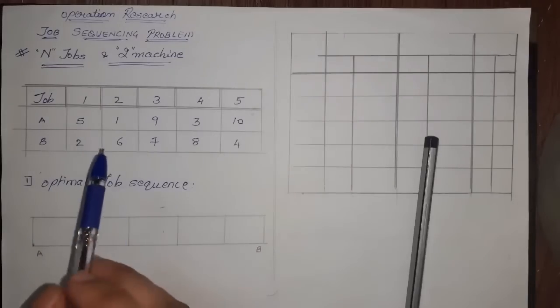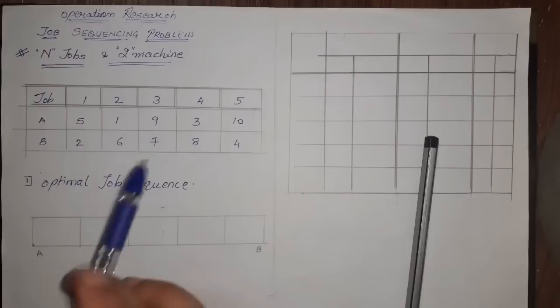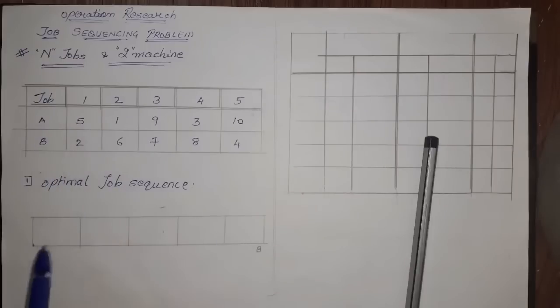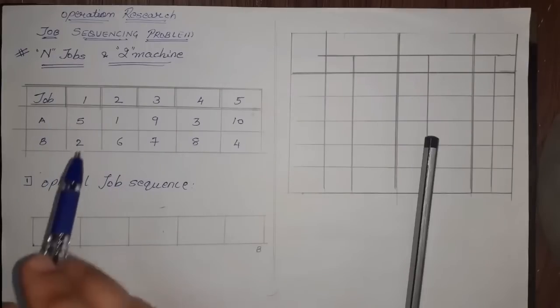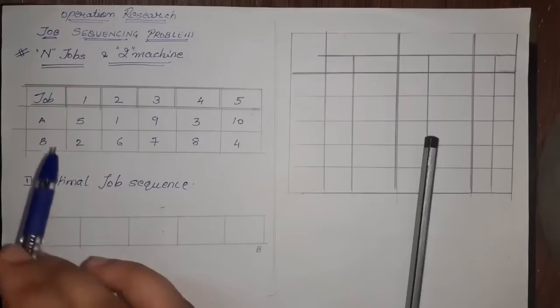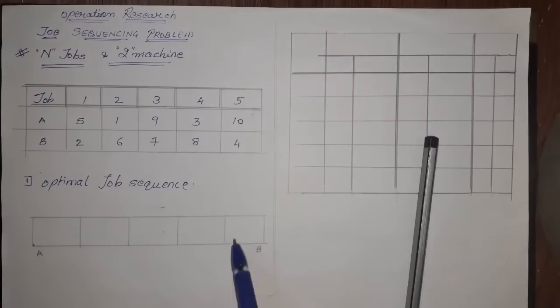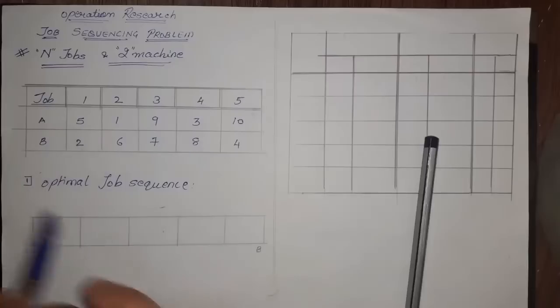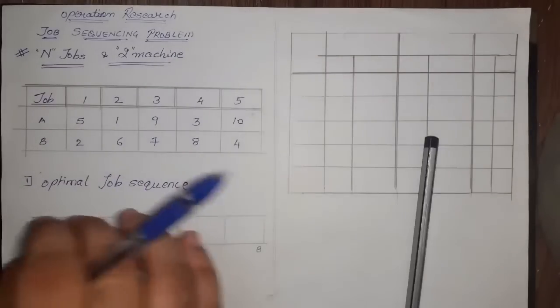If that least hour appears in machine A, we will note it from the left side, and if that least hour appears in machine B, then we'll note it from the right side. Let us see how to do this by actually solving it.